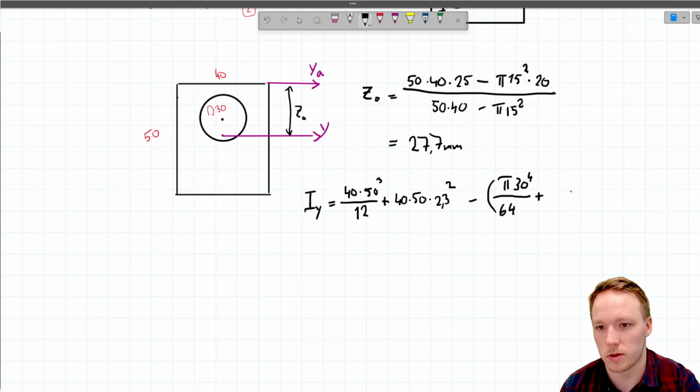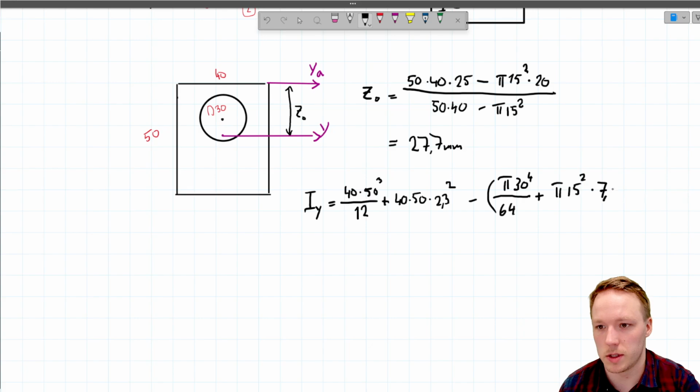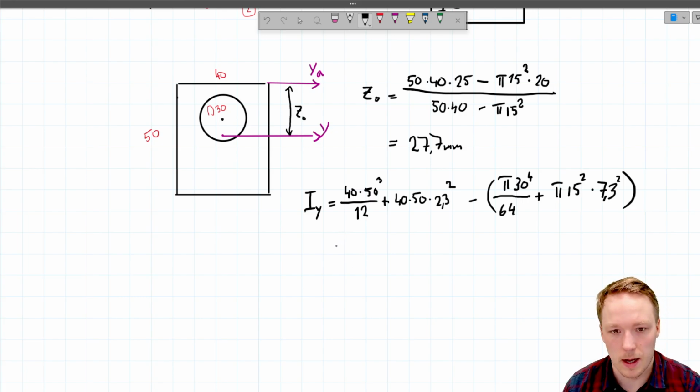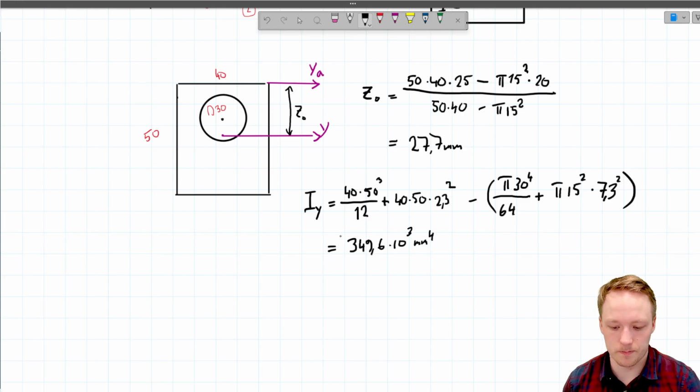And we also have to add the Steiner term, which is pi times radius to the power of 2 times the distance from the neutral axis of this one to the neutral axis of the entire profile, which is 7.3 to the power of 2, like so. And the value will be 349.6 times 10 to the power of 3 millimeters to the power of 4.